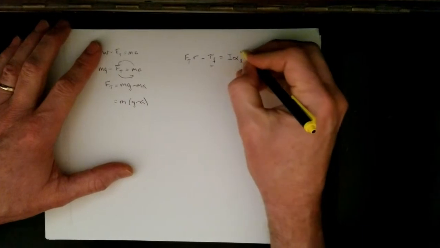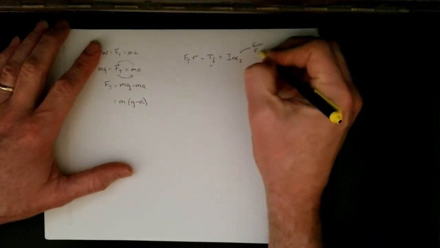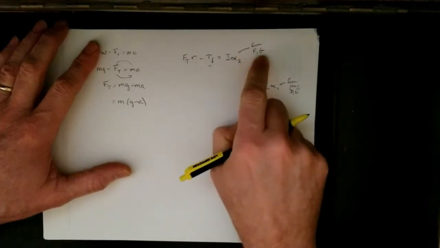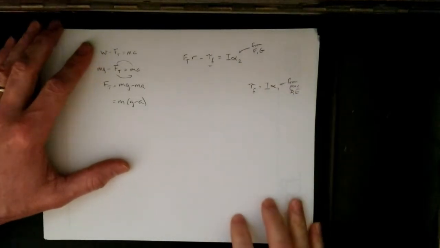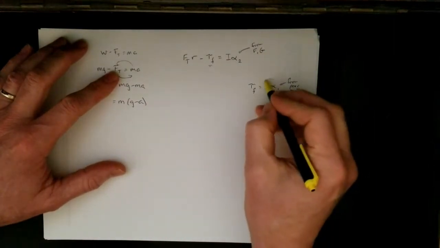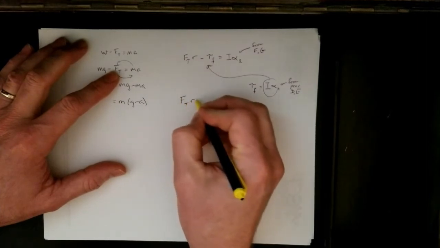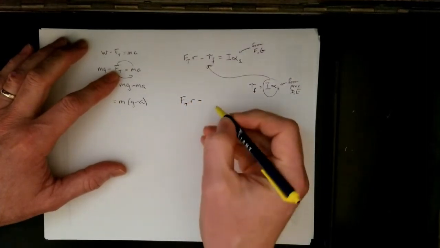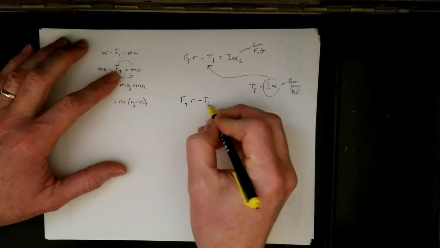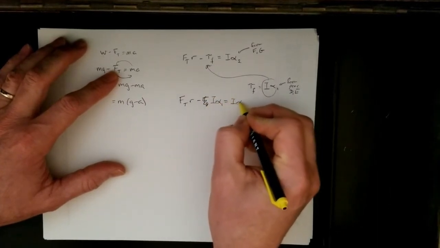And this is the part from F or G, depending upon if it was just the aluminum disc or the aluminum and steel disc. So therefore, that's going to fit into there. So the tension times that moment arm is equal to I times alpha 1 is equal to I times alpha 2.